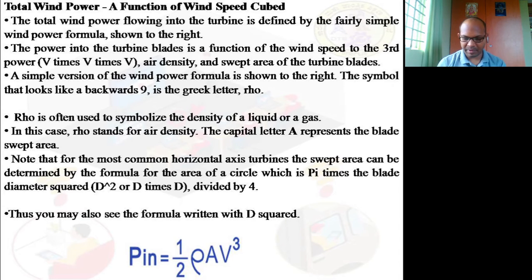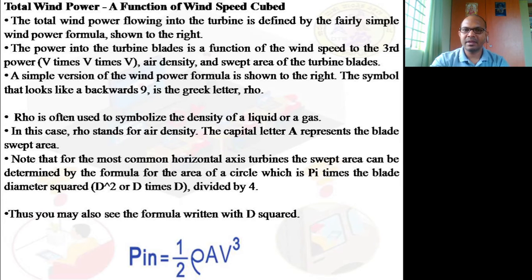What do we mean by the swept area? If you have blades like this, three blades, whenever they rotate, whatever air is swept by this area is called the swept area. Is it clear?